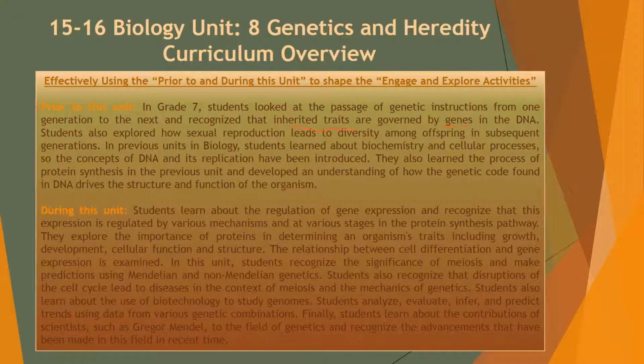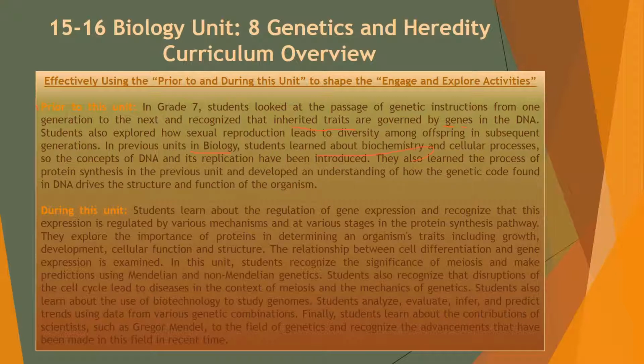And so we want to definitely be sure to incorporate the knowledge that the student should have from previous grade levels as well as what they have done in previous units in biology, because we want to make them understand and see the big picture and hopefully get them to grasp the concept that all of these aspects of biology are connected and they can then see the big picture at the end.